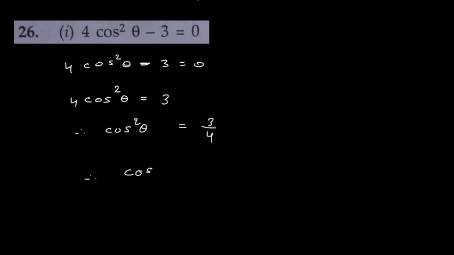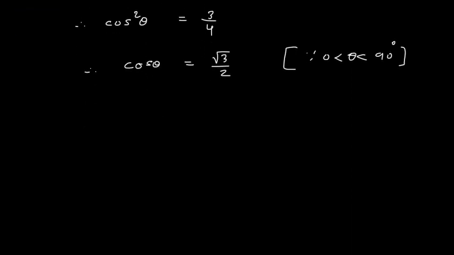Therefore cos theta is root 3 divided by 2. Now again I am not writing the minus sign because theta is between 0 and 90 degrees. So we know that cos 30 degrees is root 3 by 2. So this is cos 30 degrees, and therefore you can say that theta equals 30 degrees.